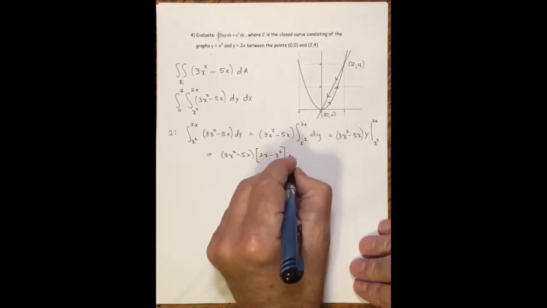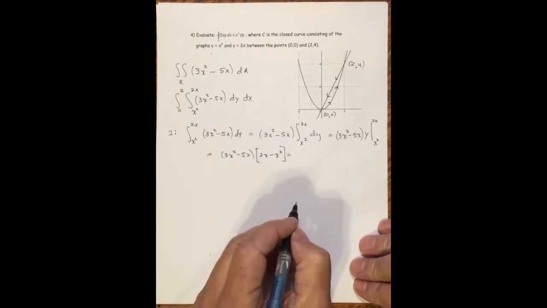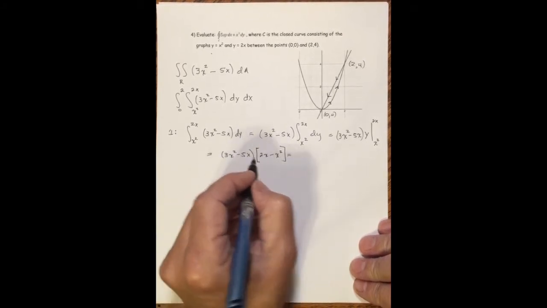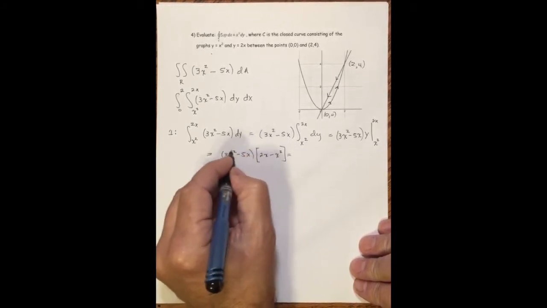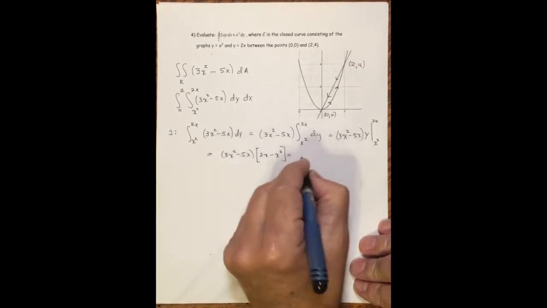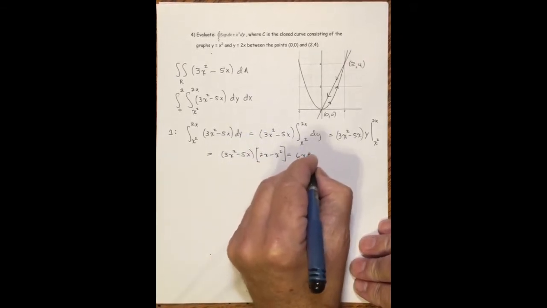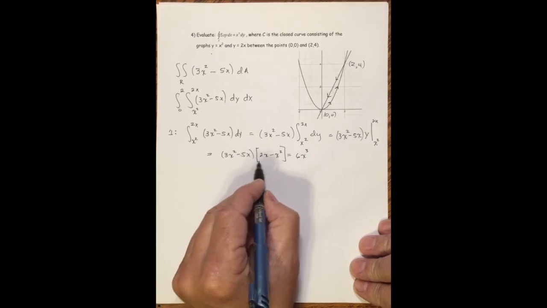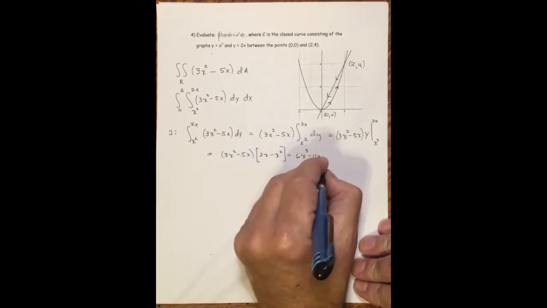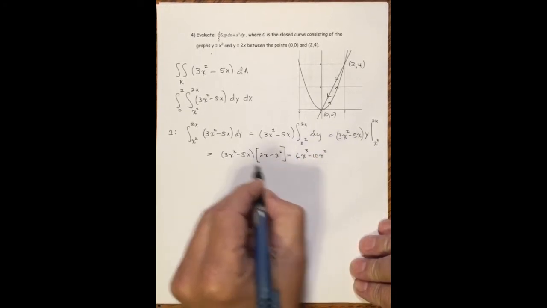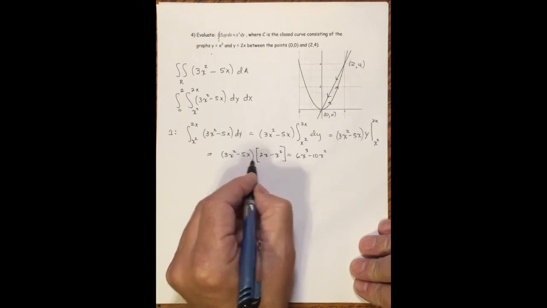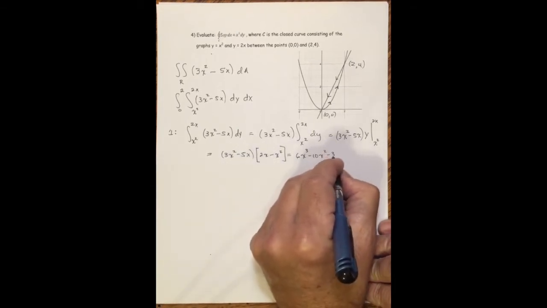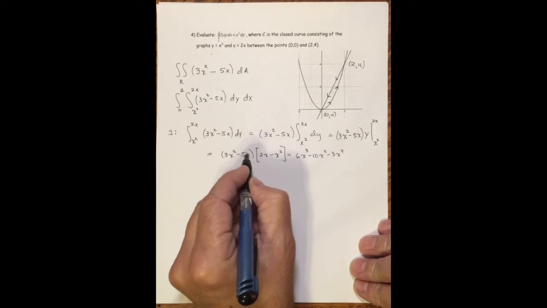Okay, so I'm just going to multiply the stuff together. I guess I can use FOIL or whatever that's called. 6x cubed, right? Minus 10x squared. Minus 3x to the fourth.